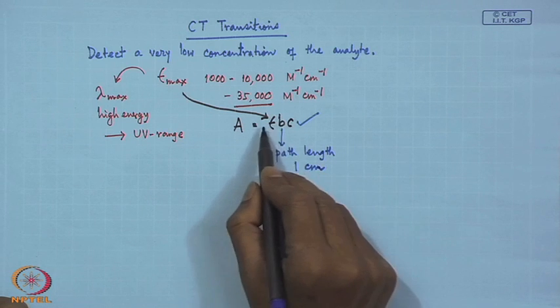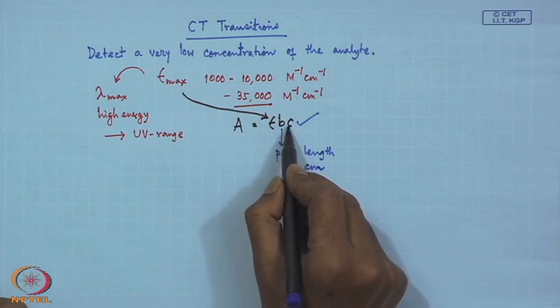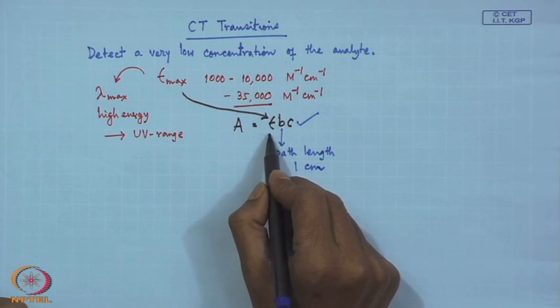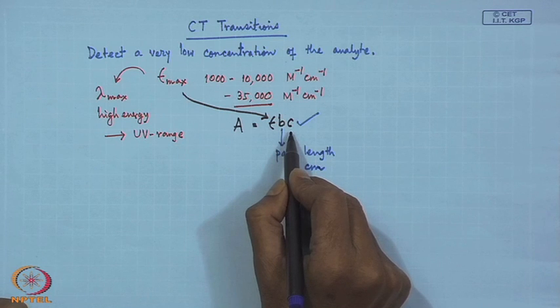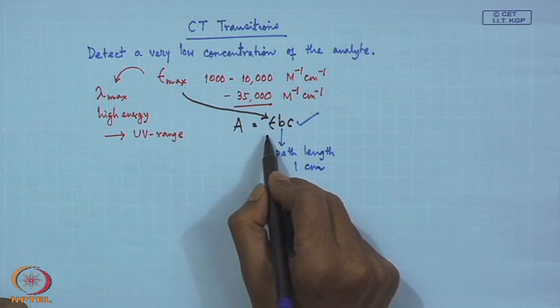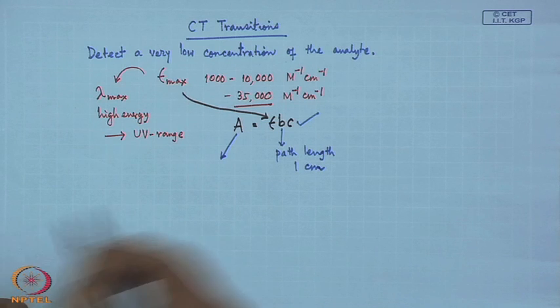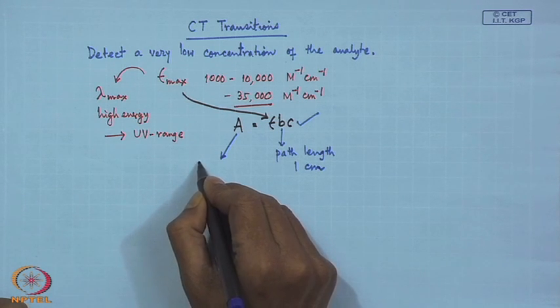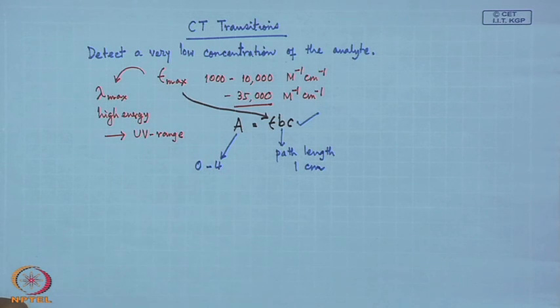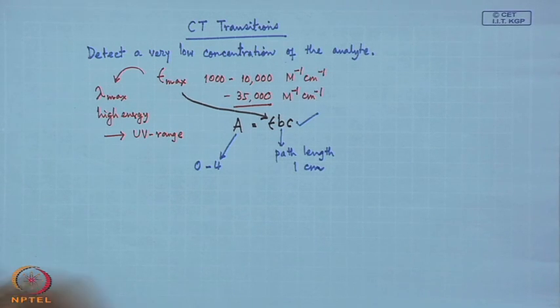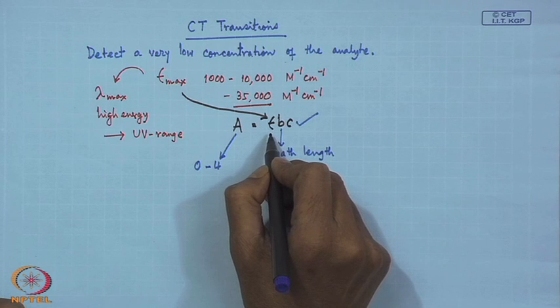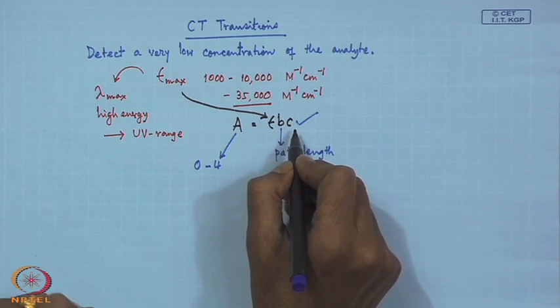So there will be some balance between this epsilon and c. If the epsilon value is very high, the c can be very small. As a result, we get an appreciable amount of absorbance. It can range from 0 to 4. So to get an appreciable absorbance value, we can detect the charge transfer band at a very low concentration.